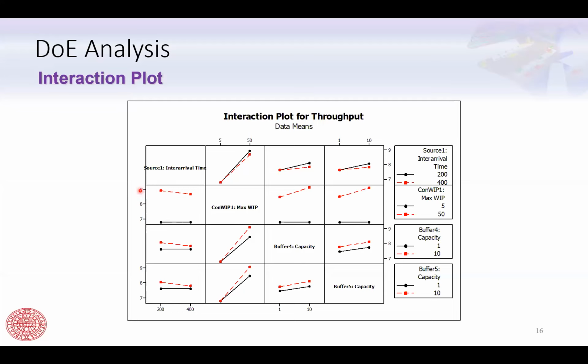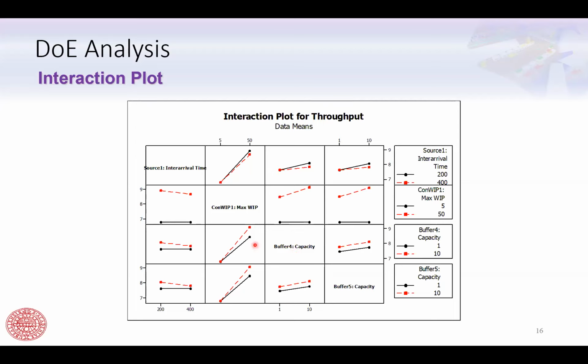And in this case, we have two levels. And with two levels we can do this so-called interaction plot. The interesting analysis here would be that the Pareto chart already told us there is a certain interaction between, what do you remember? Between the max width and also the first buffer, the buffer before the bottleneck, right?